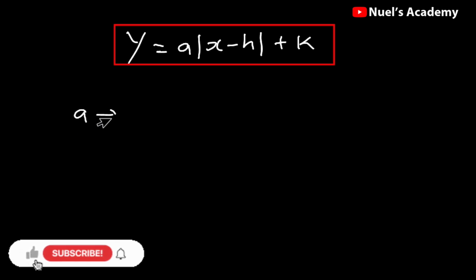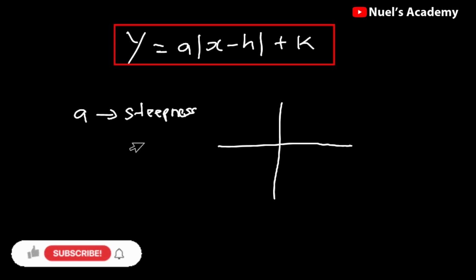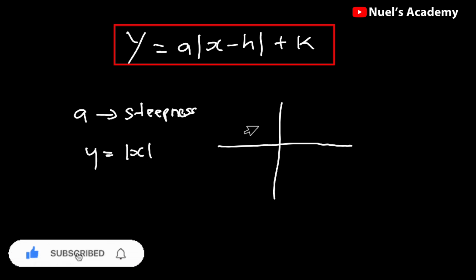Now a determines the steepness of the graph. Let me just draw a representation of the graph of the absolute value function. Let's assume that this represents the graph of the absolute value function of x. That's the parent function.